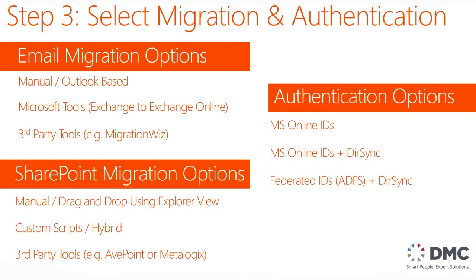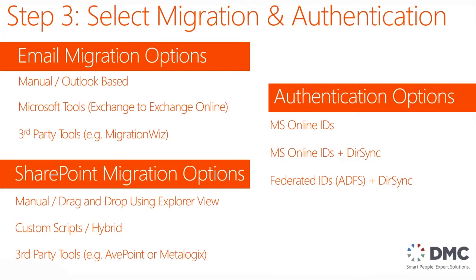Next step is to figure out how you're going to migrate to Office 365. For email, usually you have to decide, do I need to convert my existing email? Perhaps you can just import existing email via Outlook into your new Office 365 account.